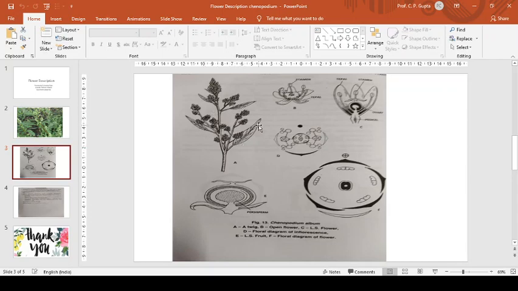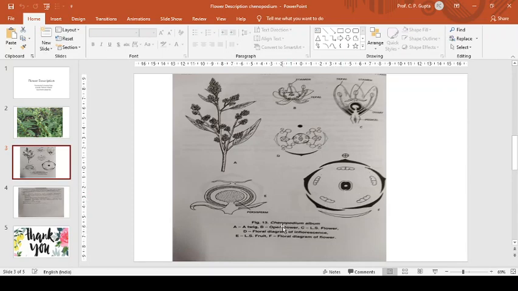Branch with flowers. This is an open flower. This is LS flower. This is floral diagram of inflorescence, LS fruit, and floral diagram of the flower.